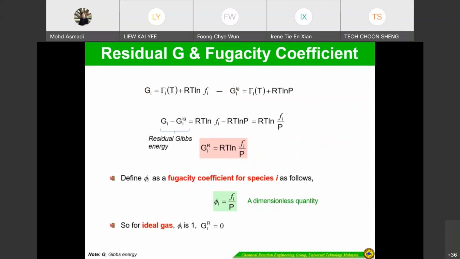This phi_i is a dimensionless quantity. So how can we determine this fugacity coefficient?